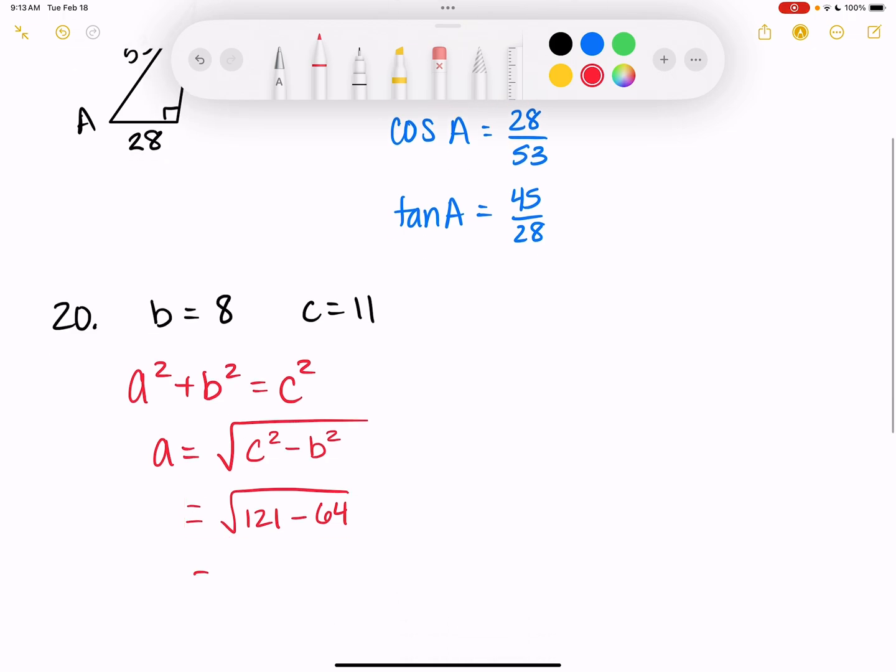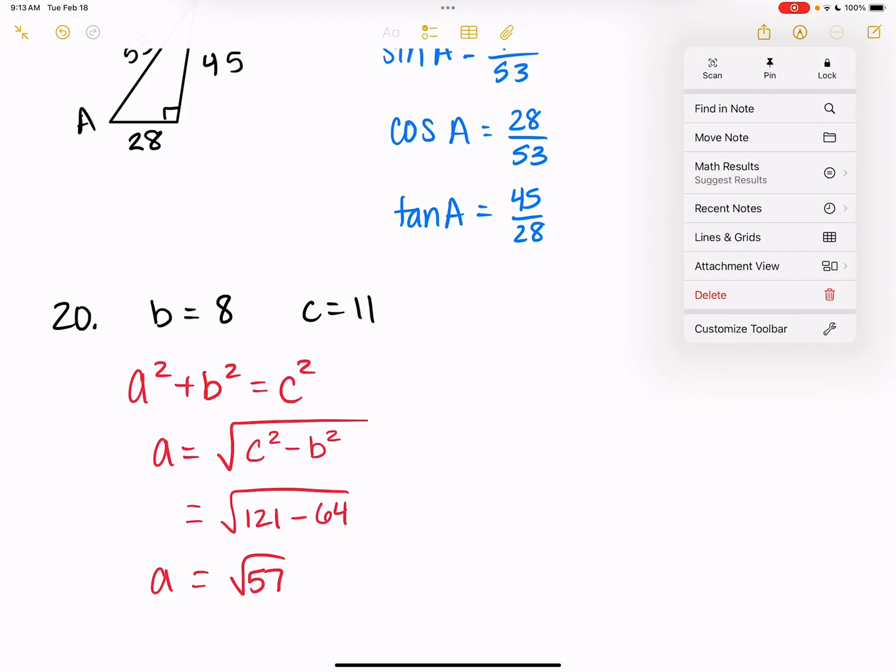Which is the square root of 57, and I don't think I can break that down any farther. Wait, maybe I can. 3 and 19, 19 doesn't break down. So I can't break this down any farther. So side A is the square root of 57.